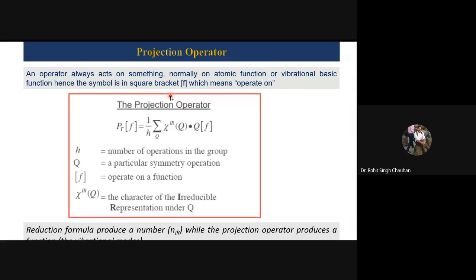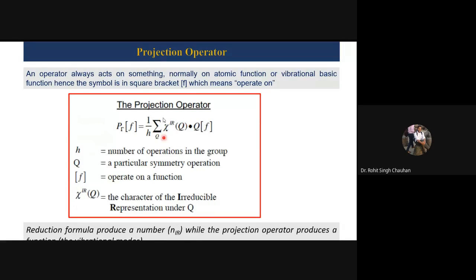So this is the projection operator formula, where it is equal to 1 by h, summation of chi irreducible q in a bracket dot q is the function. As I told, square bracket means operate on. So this particular factor will correspond that these symmetry elements are going to operate on this with the help of this one, right?